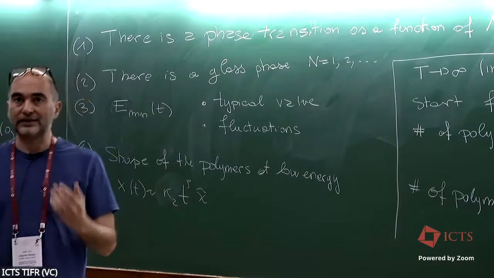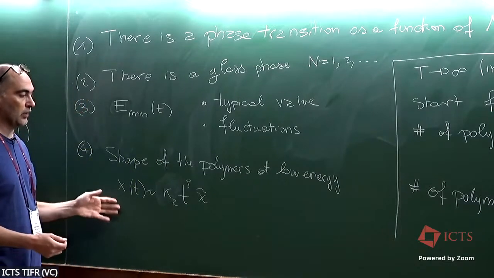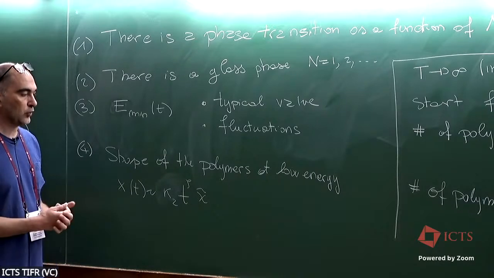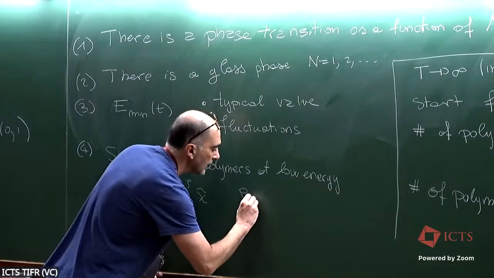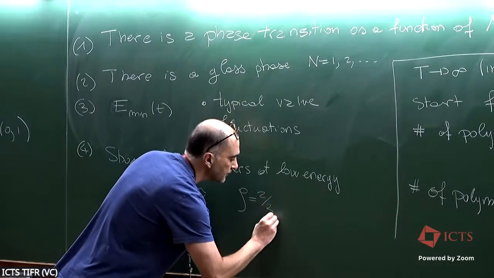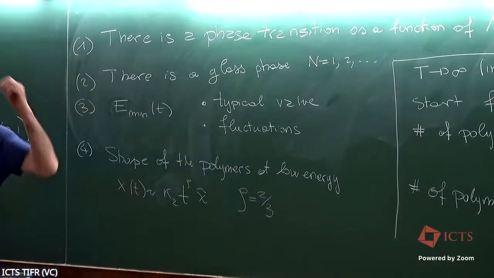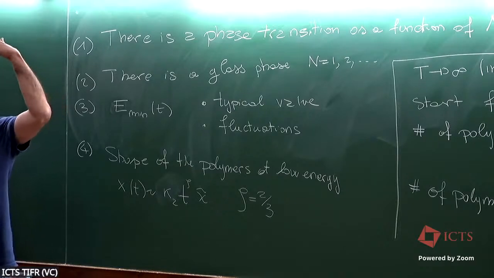So the zeta that you measure at finite temperature or at zero temperature is actually different, and is 2/3, is bigger, okay, the polymer in the ground state is more rough.